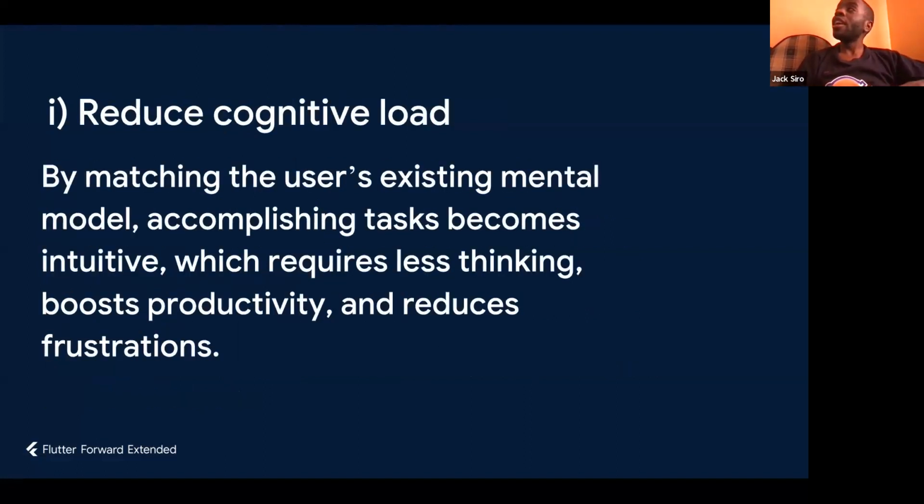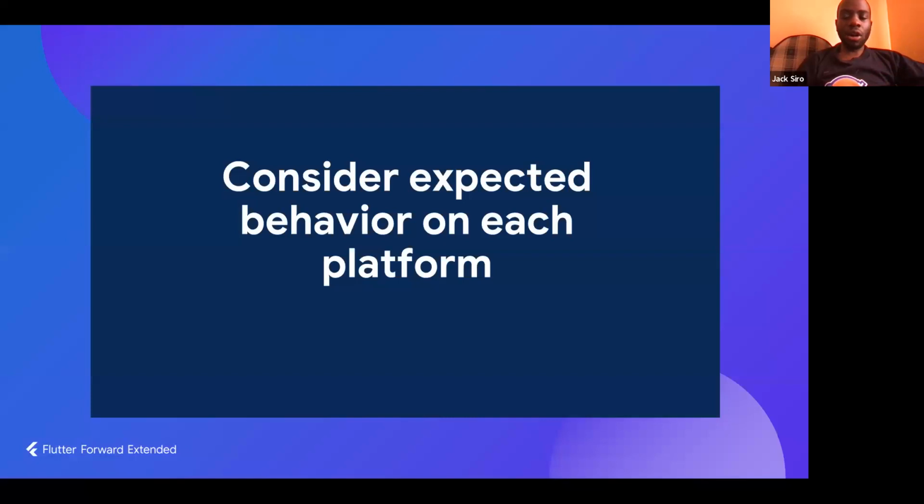You reduce the cognitive load by matching the user's existing mental model, and accomplishing tasks becomes intuitive, which requires less thinking, boosts productivity and reduces frustration. You are giving the user what they expect in their mental model, and you reduce the cognitive load.